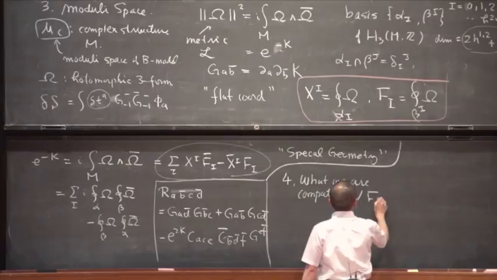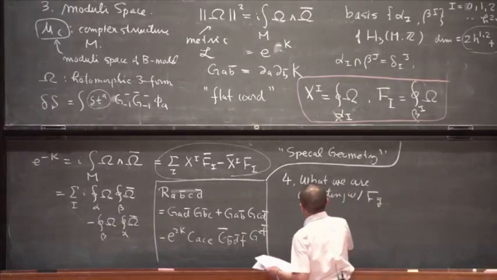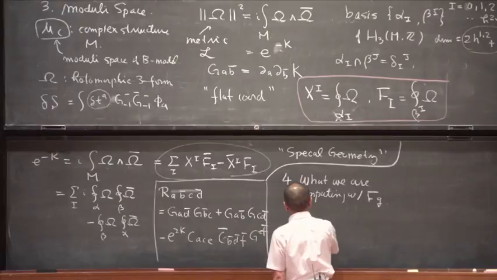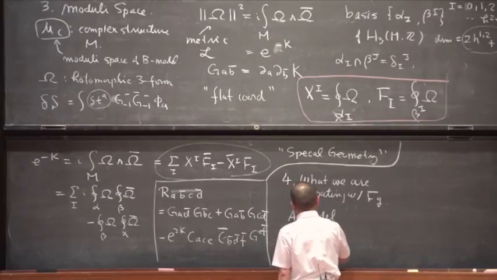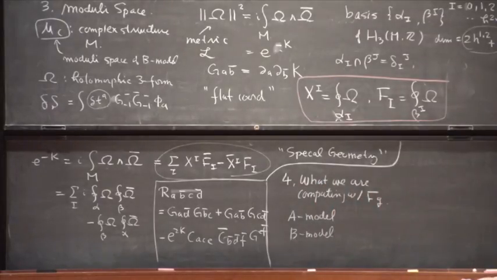By the way, first I should tell you the following thing. I'm going to tell you this for both the A model and the B model. B models are easier to describe because these are rather classical objects, and the A model contains quantum corrections.